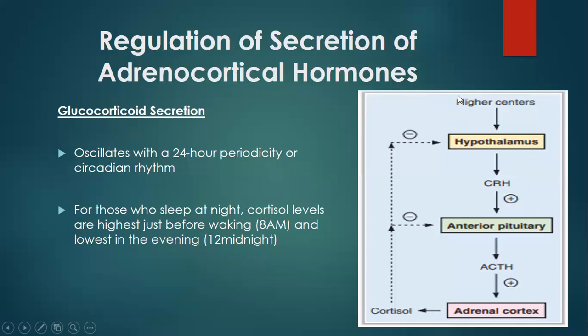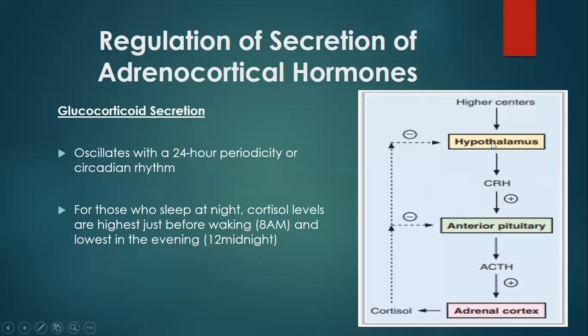Now, remember, we have what we call the hypothalamic control of these hormones, via the action of corticotropin releasing hormone or CRH. Your CRH-containing neurons are located in the paraventricular nuclei of the hypothalamus.